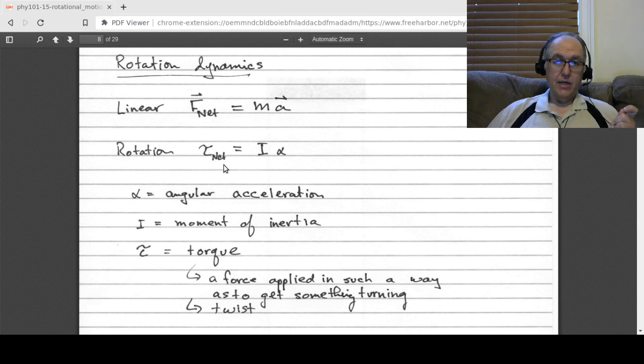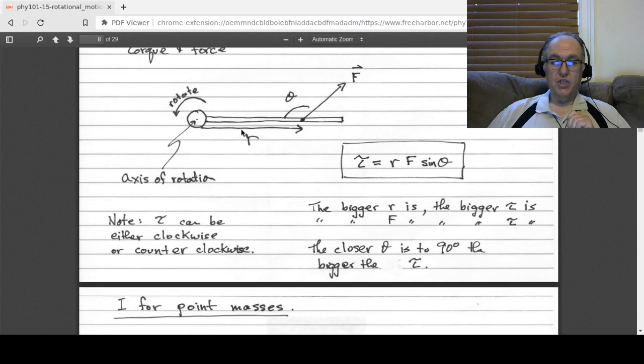Okay, and torques are a vector, but they're an easy vector for the problems we're going to do, because all of our rotations are in the plane, and so we only have to worry about two different directions, clockwise and counterclockwise. So torques also have a direction associated with them, but we're just going to worry about whether they're clockwise or counterclockwise. That makes it a lot easier.